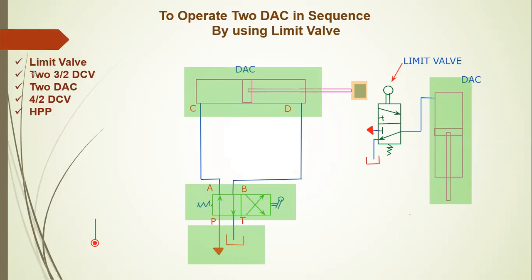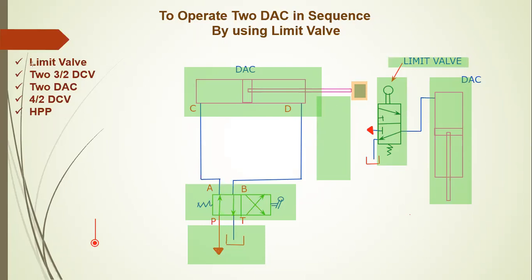Then we require two 3 by 2 direction control valves. Already we have completed one drawing for a 3 by 2 direction control valve, and on this side we draw another 3 by 2 direction control valve which is operated by a limiting valve.